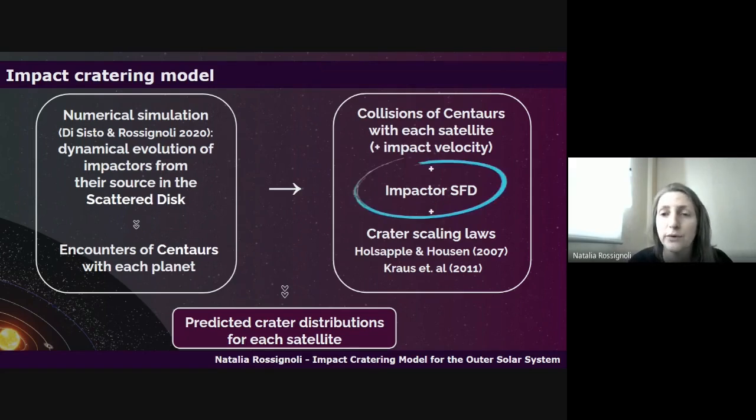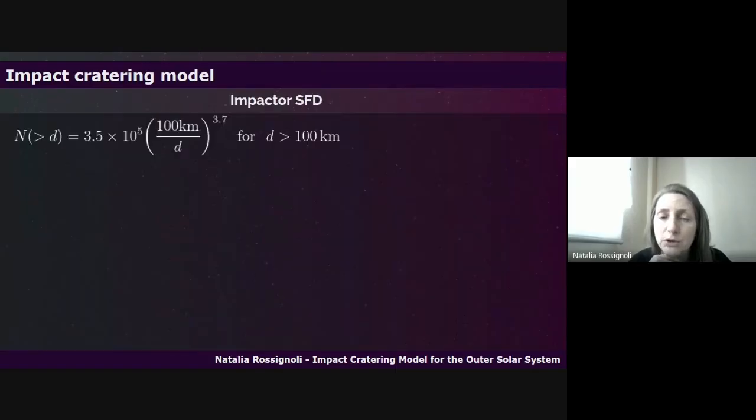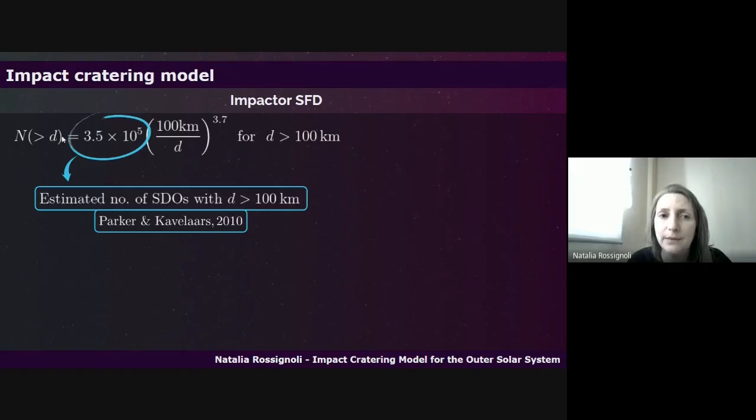And as for the impactor size frequency distribution, many authors use different size frequency distributions. We use this power law, which has this shape for the larger members of the impactor population, where this number is fixed and is the estimated number of scattered disk objects with diameters larger than 100 kilometers.